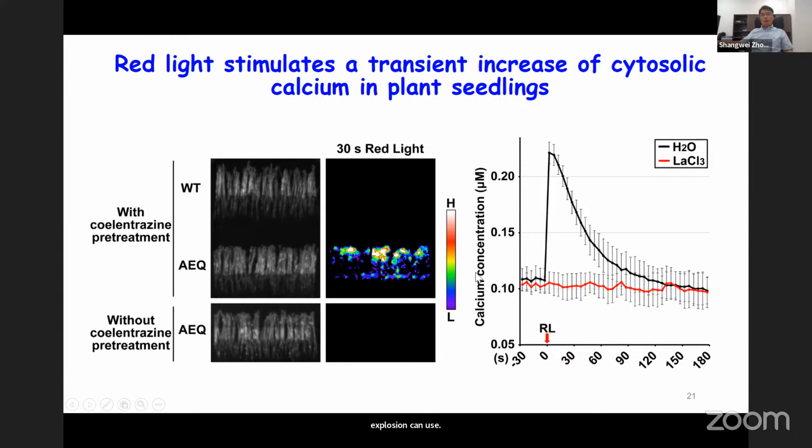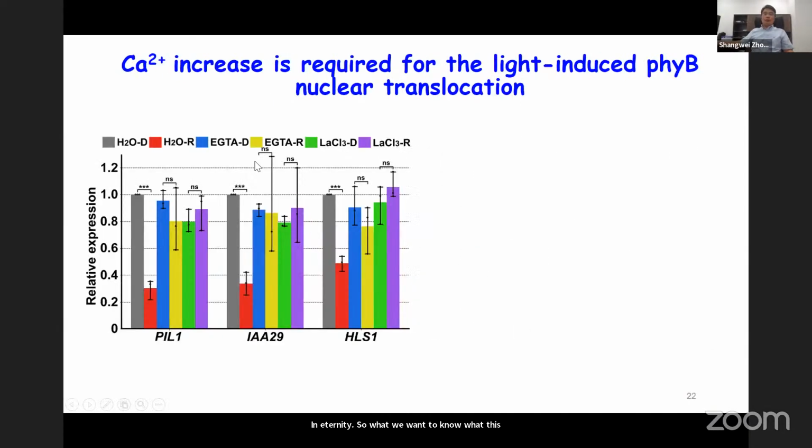So we want to know whether this calcium signal is functionally relevant. So we used chemical treatments to repress this calcium increase. And we found that with chemical treatments, light regulated gene expression was repressed.